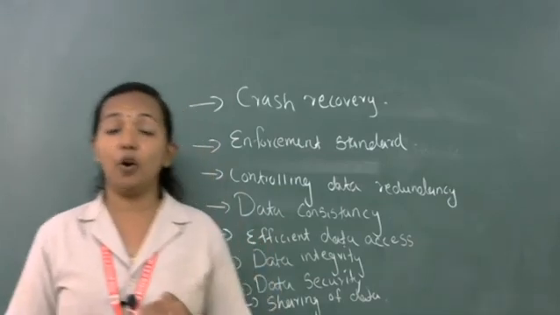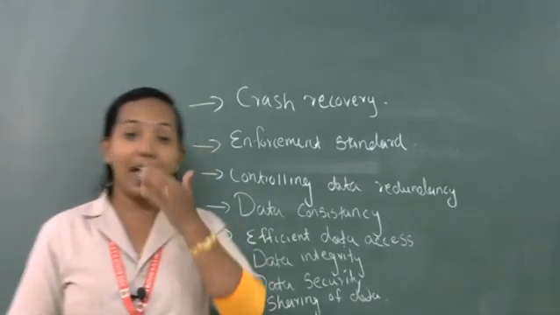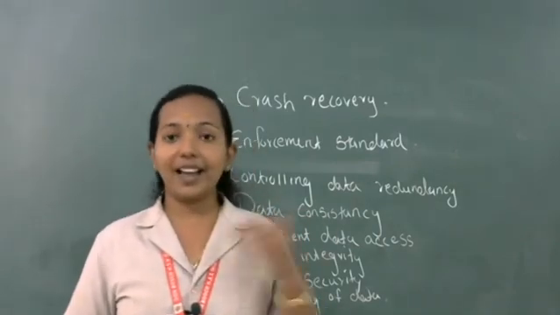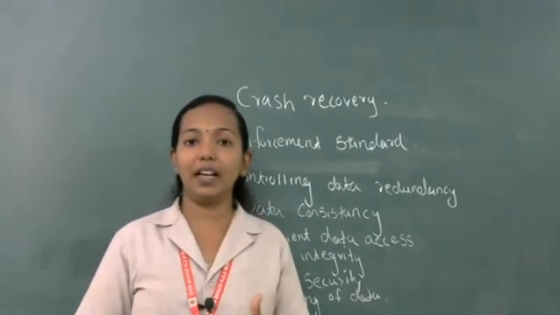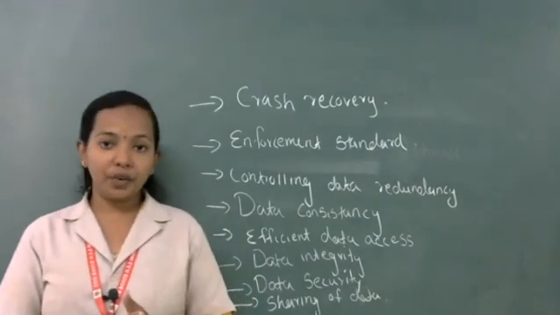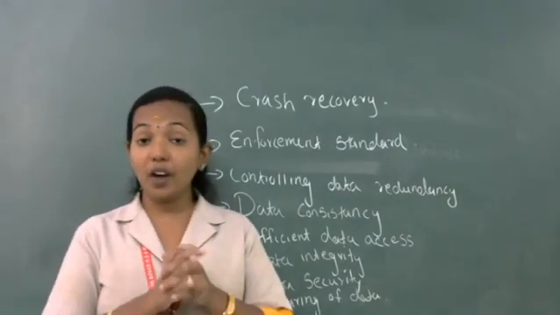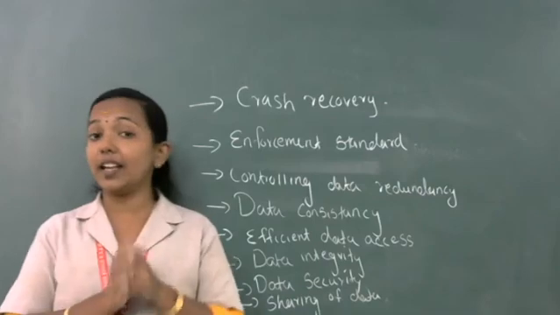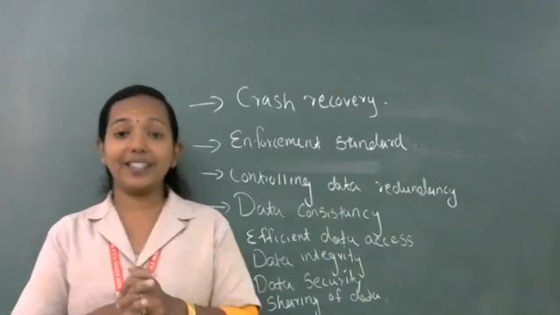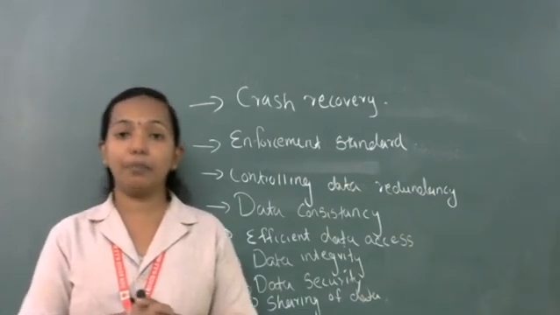If we recover the log file, then automatically the entire transaction, the inserted data and also the deleted data, will be available and it will be restored. So the entire data will not be lost in case of any kind of crash in the database or any kind of mistake in your computer.